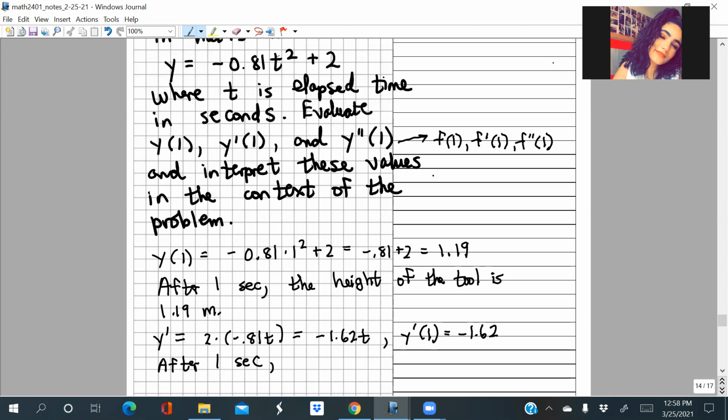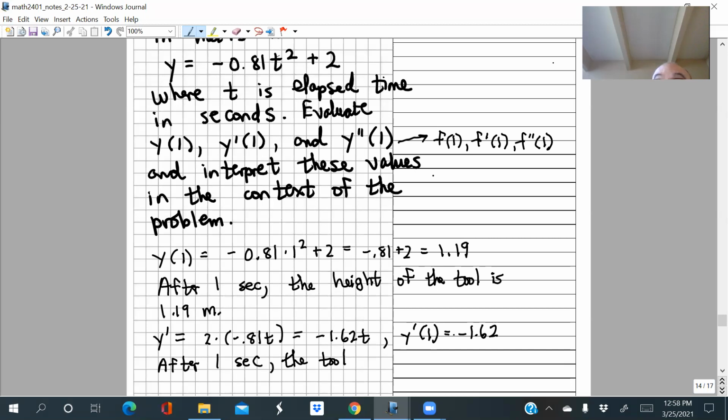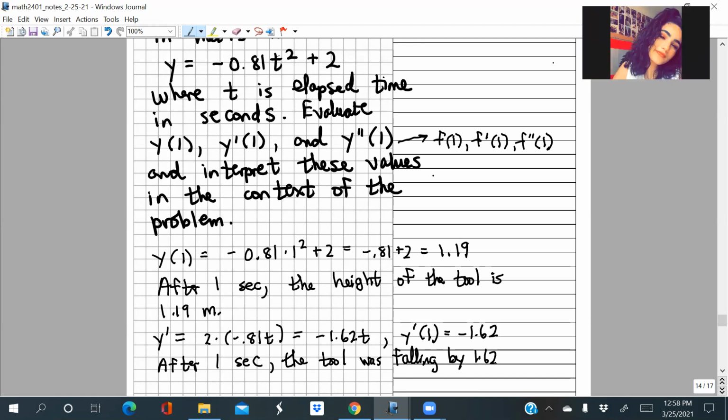So after 1 second, the tool was falling at a speed of 1.62. Since it's falling, you don't have to include the negative in your answer. The tool was falling by what now? 1.62 meters per second. There you go. Perfect.